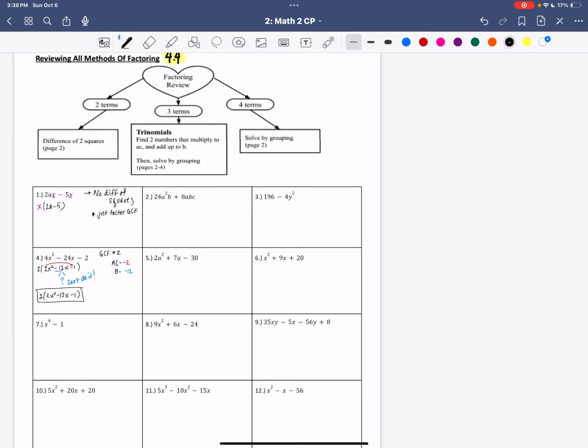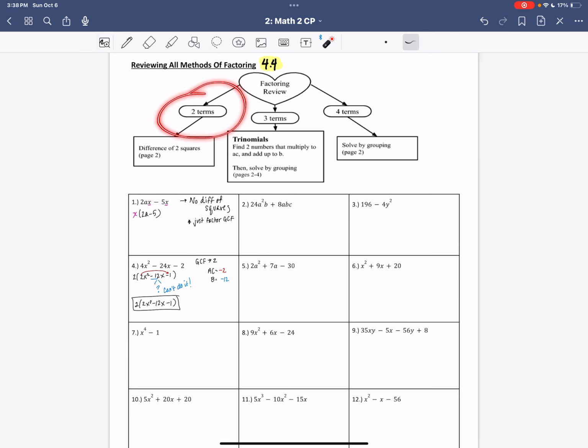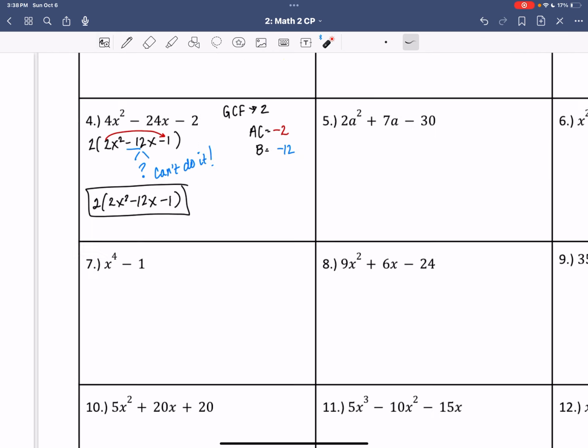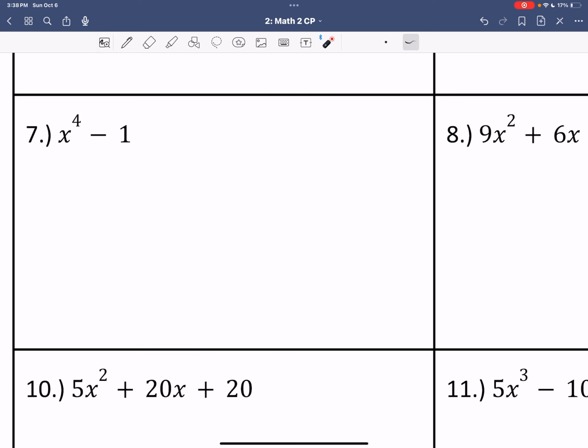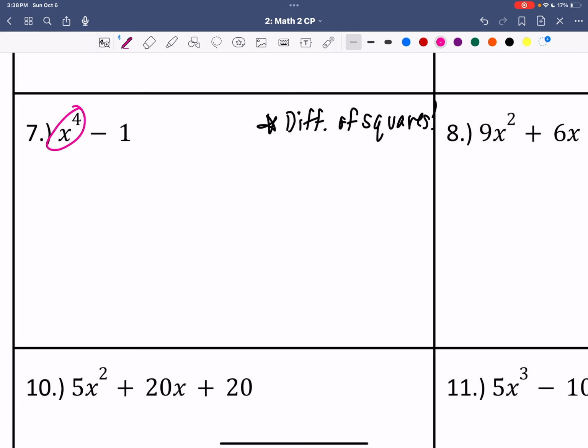For number 7, we've got 2 terms. And then let's look, is there a GCF? Nope, no GCF. You can do difference of squares. So if you were to look at this, x to the 4th, well, that's x squared and x squared.